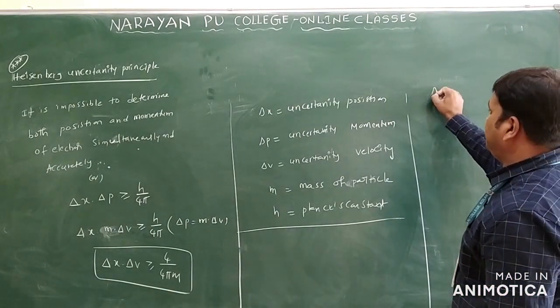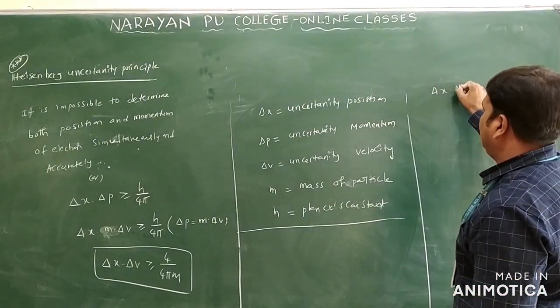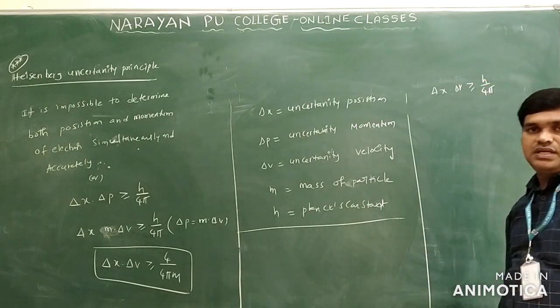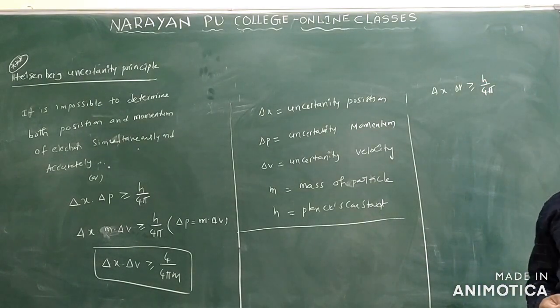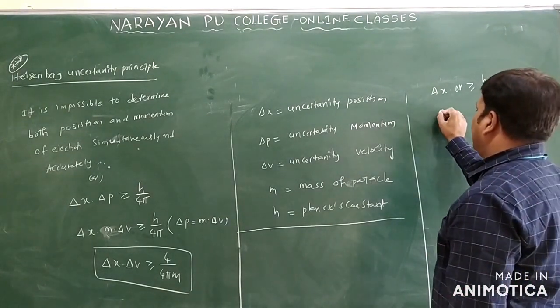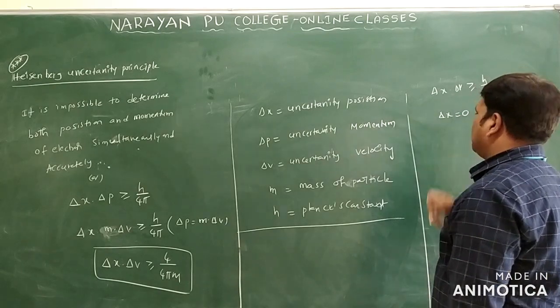Suppose you can see the expression delta x into delta v greater than or equal to h by 4 pi m.